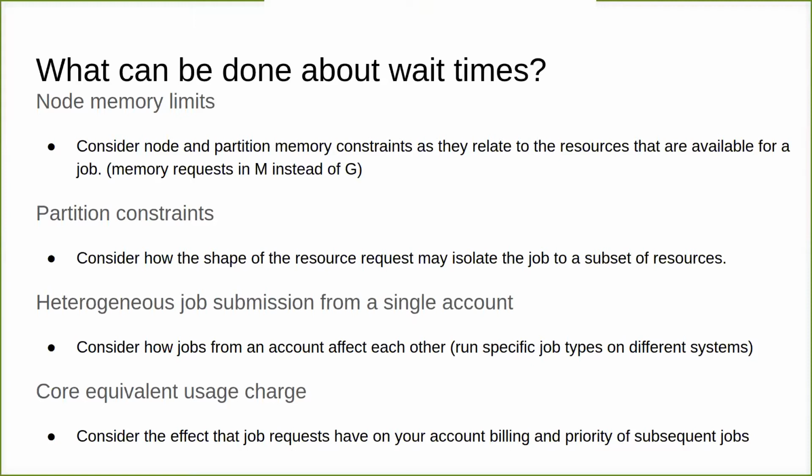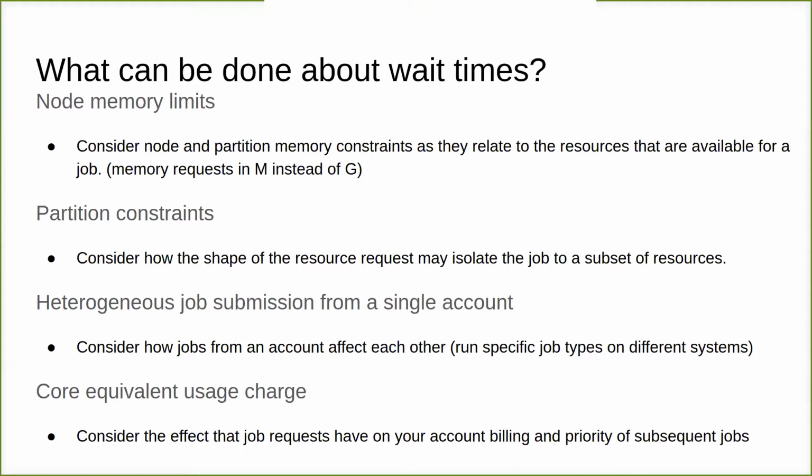If jobs end up in different partitions, this will seriously affect the number of resources available for the job. So understanding what job parameters will change the partitions you end up in is important, and then visualizing whether specific jobs that end up in different partitions have longer wait times, or what those relationships are.